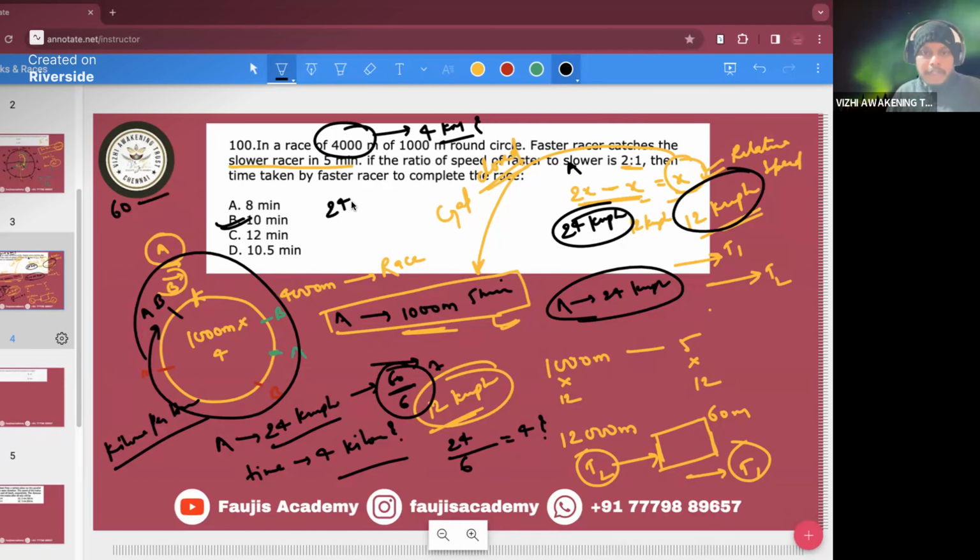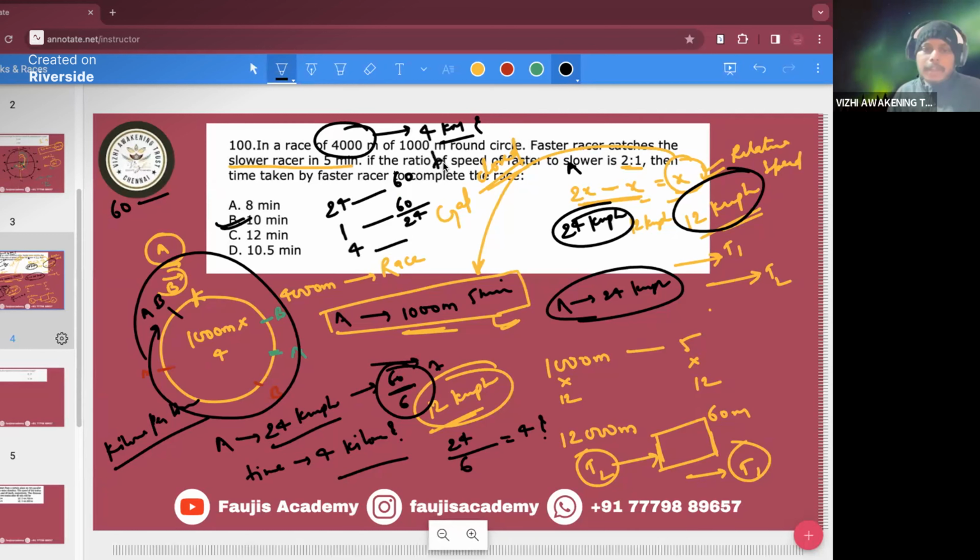Let's try to understand it with the unitary method as well. 24 kilometers in 60 minutes. So for running only 1 kilometer, we will take less time. Then you have to write, then he has to run how much? 4 kilometers. Then how much?